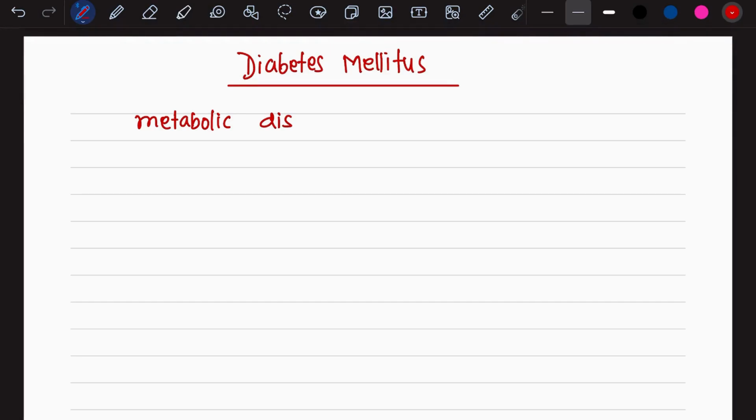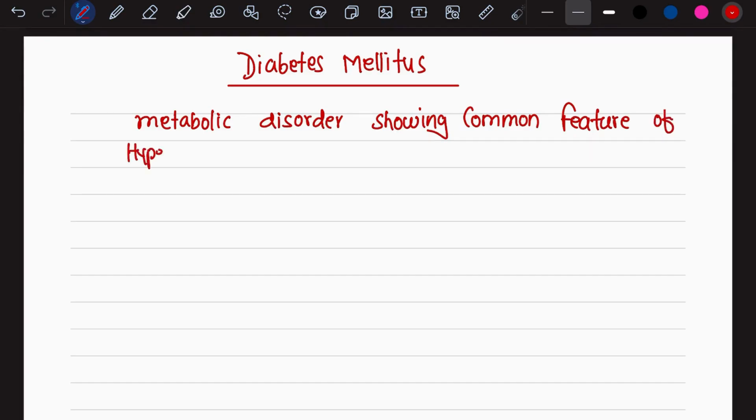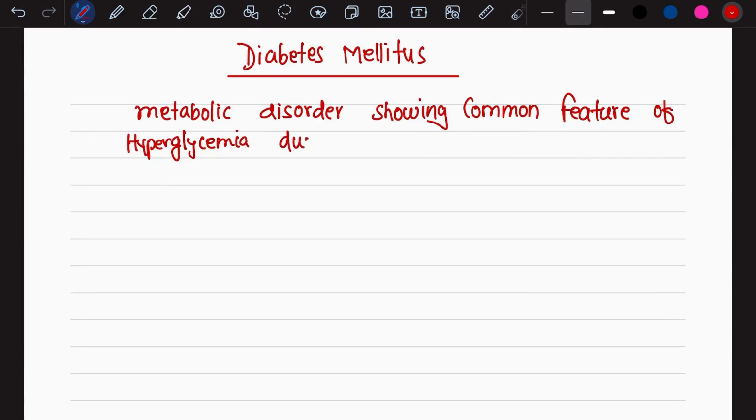So let's write it. It's a metabolic disorder showing the common feature of hyperglycemia due to a defect either in insulin secretion or its function, or both.